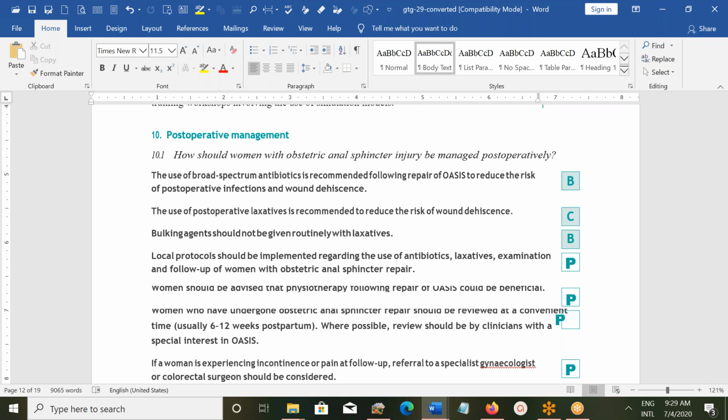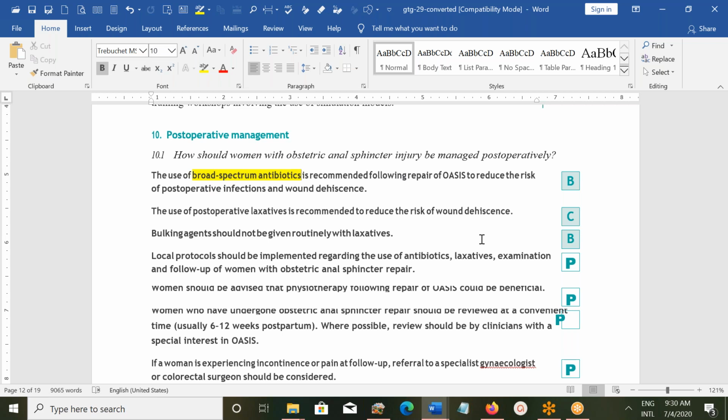Then the question arises, what should be the post-operative management? Of course, you are going to use broad spectrum antibiotics because the anal canal commensals, anaerobes, are now in, and there has been some contamination of the vagina also.